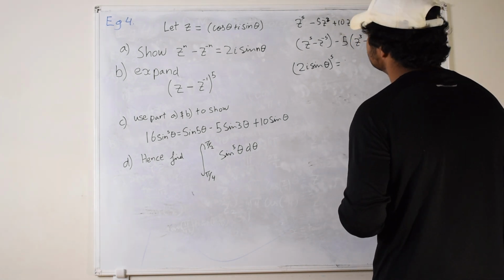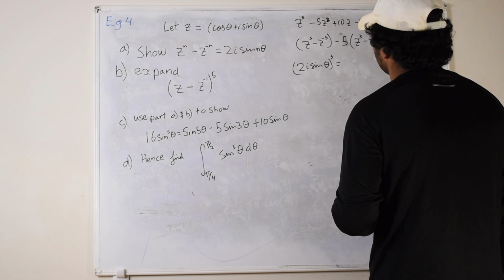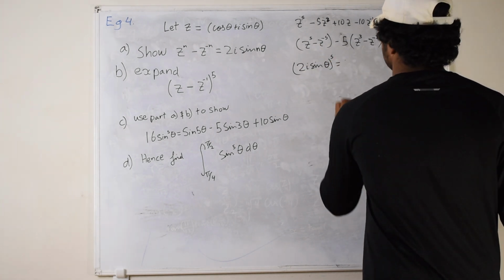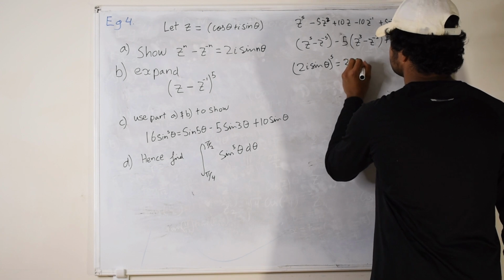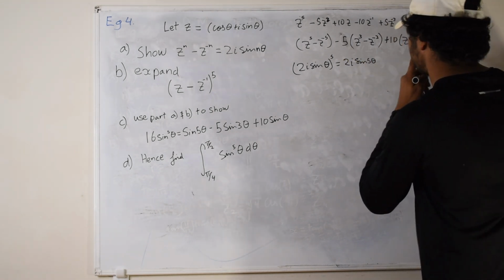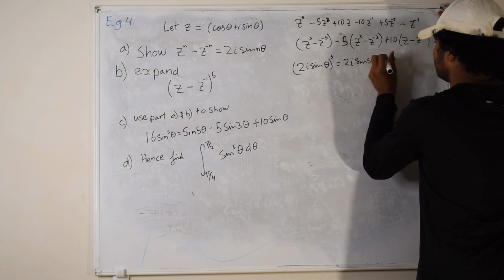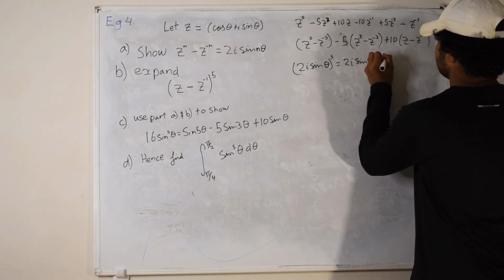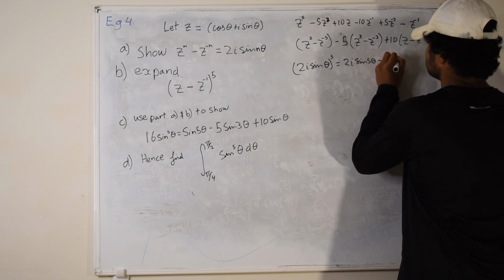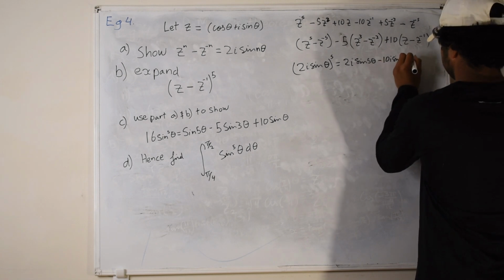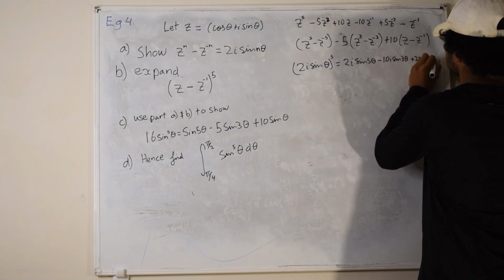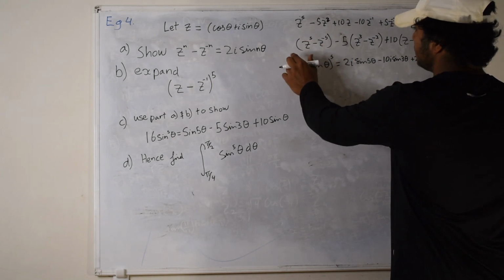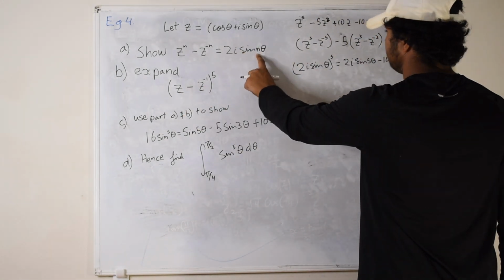Which would be equal to, because to the power of 5, right, so that would be n, so that would be 2i sine 5 theta minus 10i sine 3 theta plus 20i sine theta. That's what this equals to that. So we've basically just subbed out this with that, but adding the n's.